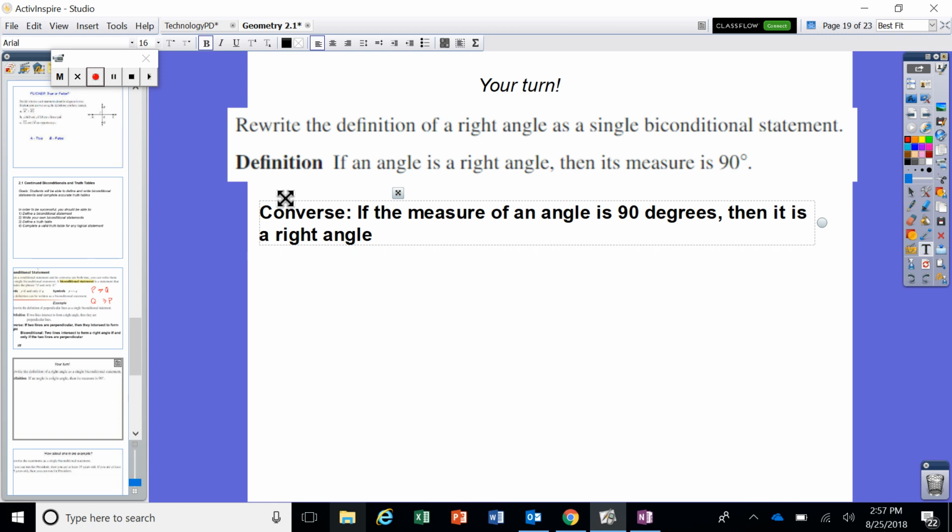So we just switched the Q and the P, the hypothesis and the conclusion. So that would make our biconditional a combination of utilizing them.